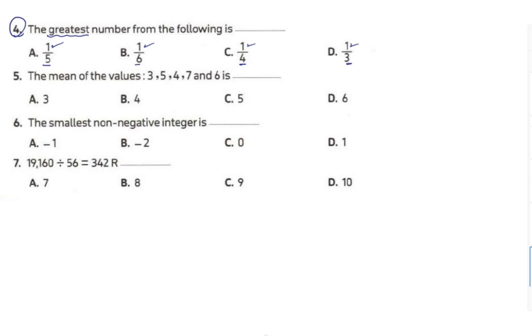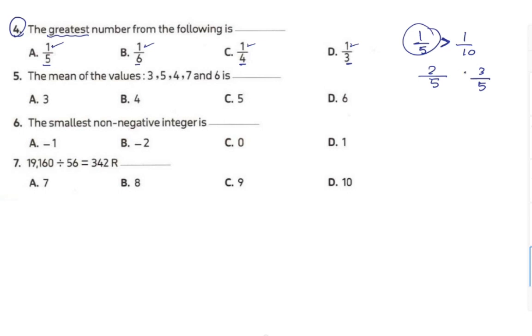In this case I will look for the smallest denominator, because you know that with 1 over 5 and 1 over 10, which fraction is the greatest one? With 10 or with 5 as the denominator? Of course, 1 over 5 is the biggest one. Second case, if you have 2 over 5 and 3 over 5, which one is the greatest?